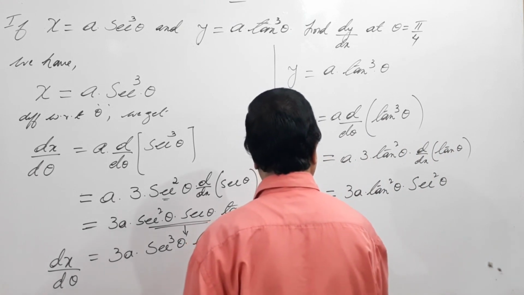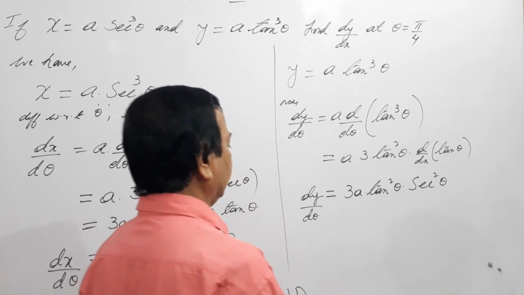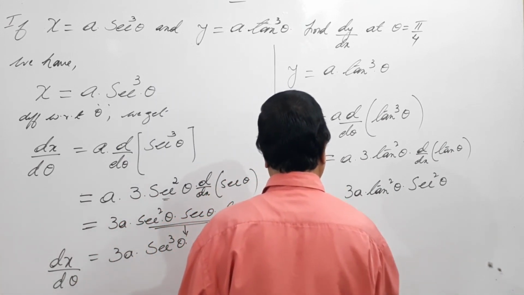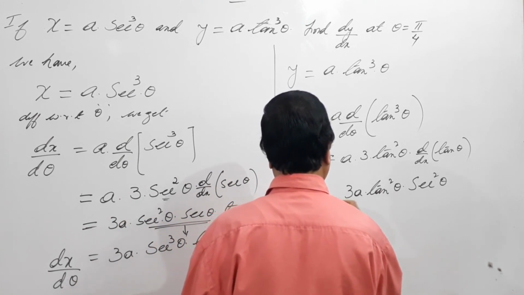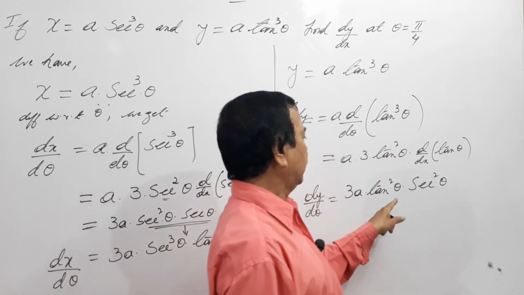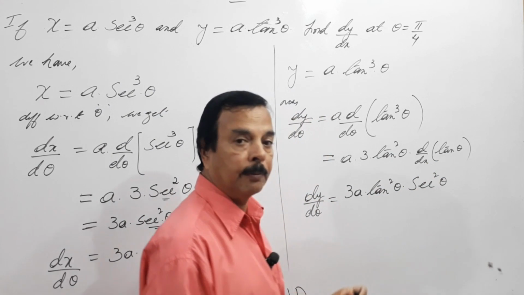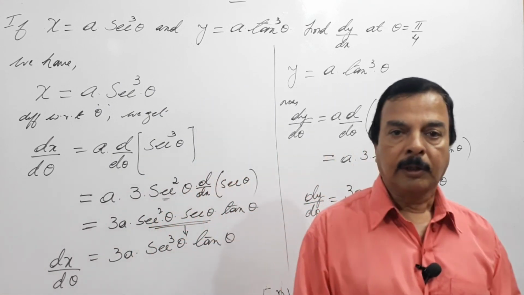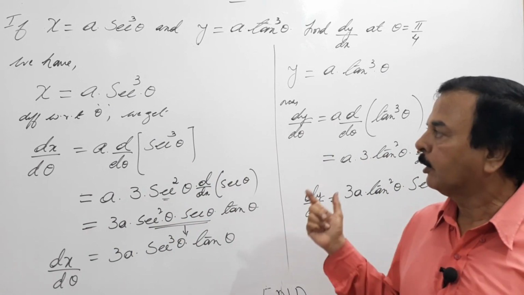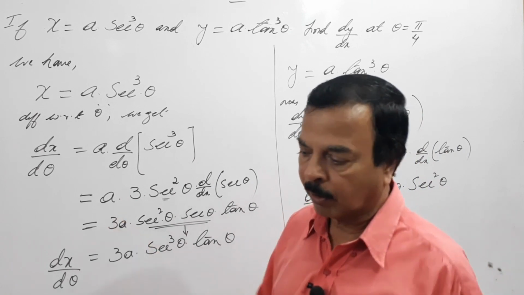This is our dy by d theta. So 3a into tan square theta into secant square theta. You should remember the formulas, otherwise you can't proceed. Time and again I have been telling you repeatedly, try to memorize your formulas, otherwise you cannot proceed.